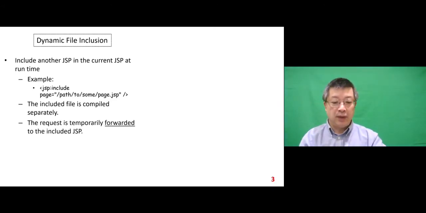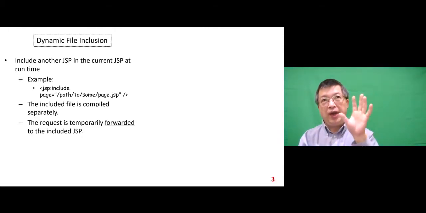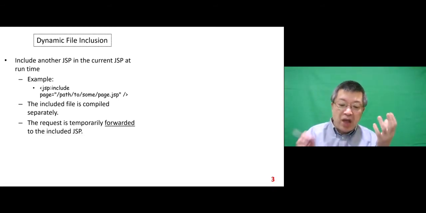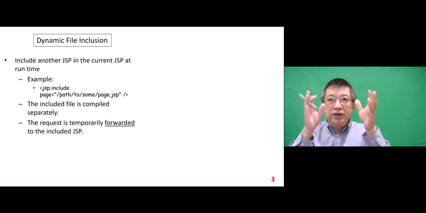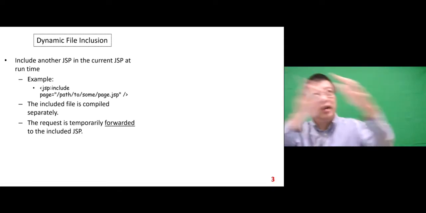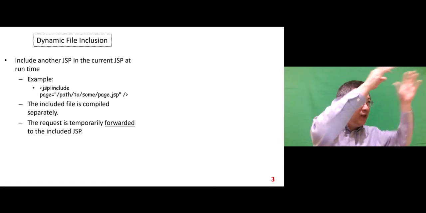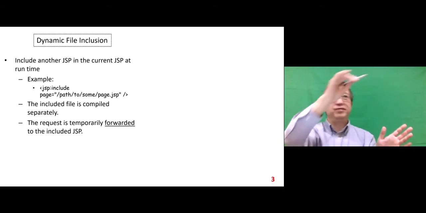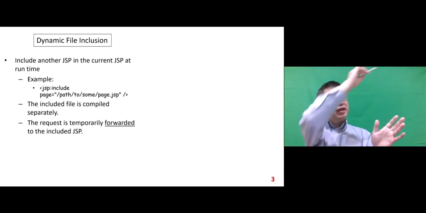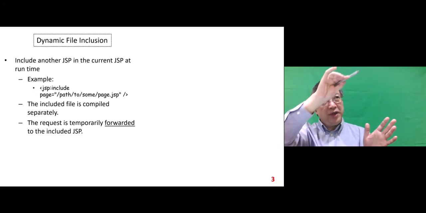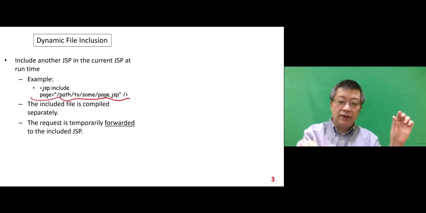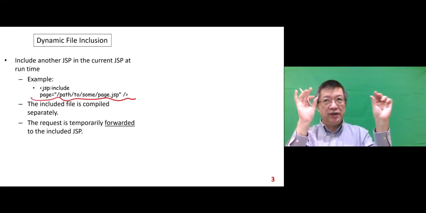That's the internal way to do the inclusion. The request is temporarily forwarded to the included JSP. Currently, we are in the including JSP, which has a request scope. You follow that request scope going down, then you reach the include tag line.